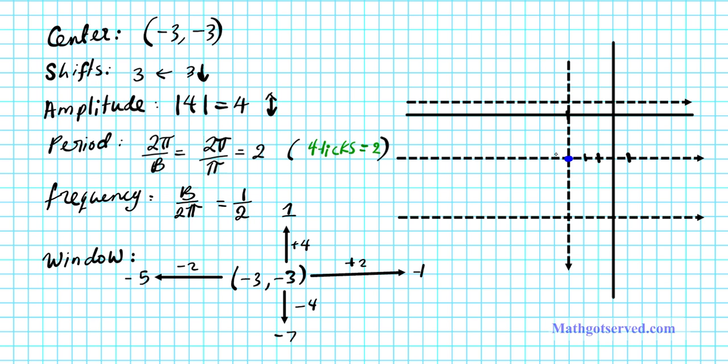That's going to be one complete period. And then 1, 2, 3, 4. That's another period. All right, so for a sine function, we'll go from the center to the max, back to the center, to the min, back to the center, and then in the other direction, min, center, max, center, and then that pattern basically continues.